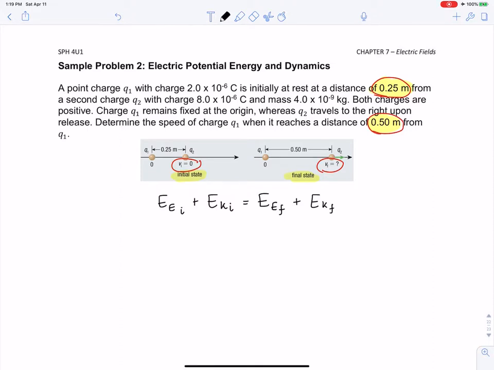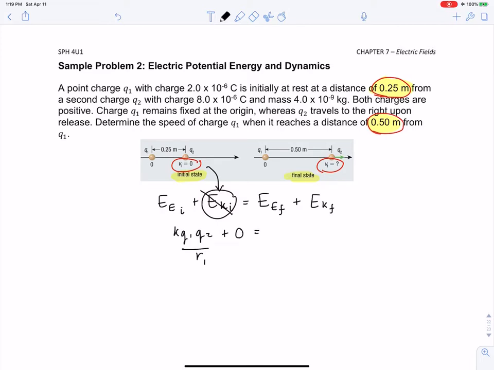Now, since Q2 is at rest, the initial kinetic energy is 0. So we can replace these with equations. The initial electric potential energy is k Q1 Q2 over r1. The initial kinetic energy we said was 0.